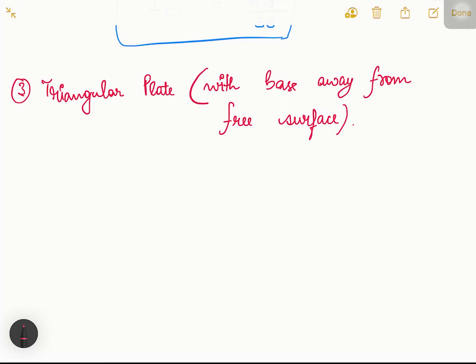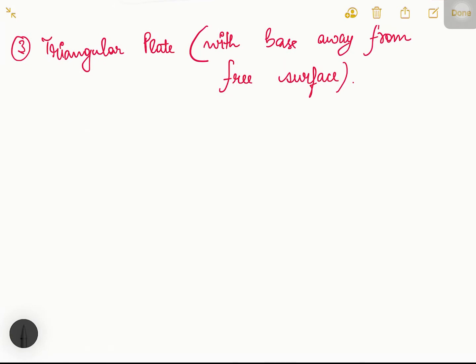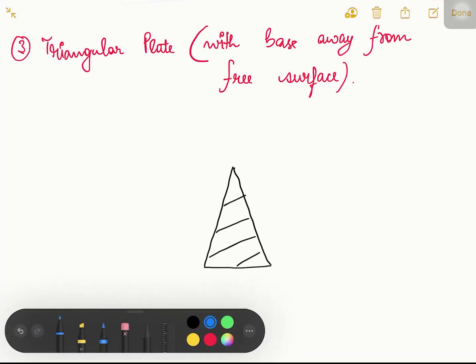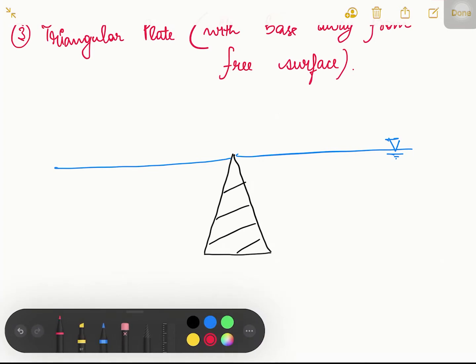So let me draw the construction for this. Please draw it along with me. And here lies your free surface. So this is your free surface, and we can quickly write down the various values.